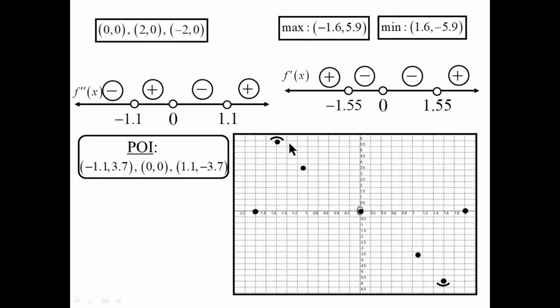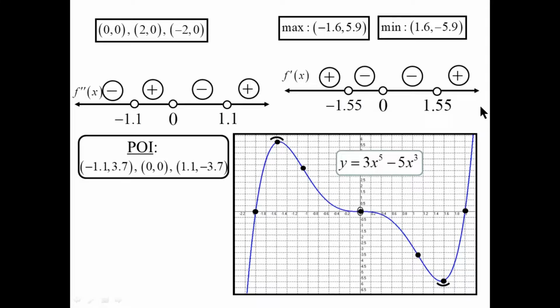So it will come up, over, and then become a right side up soup bowl, and then an upside down soup bowl, because this is a point of inflection, and then a right side up soup bowl again, reach a minimum, turn, go up through the x-intercept, and on to infinity. Draw it as best you can and label your graph. And it all came from the results of our work done previously.